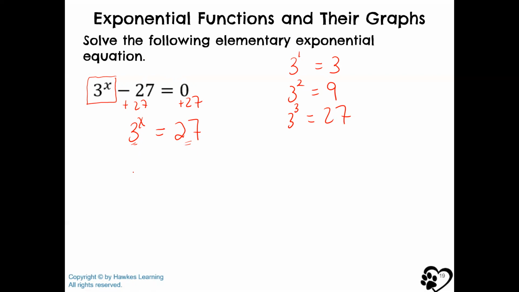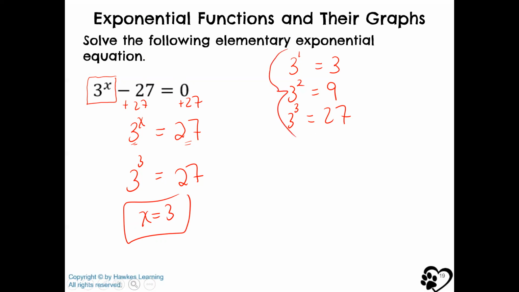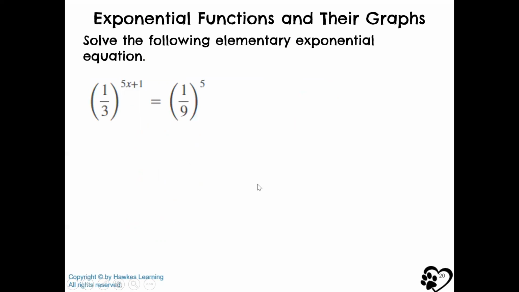So 3 to the third power is equal to 27. That's true, which means that x is equal to 3. You've got to think of your powers in this way when you're trying to change those bases.